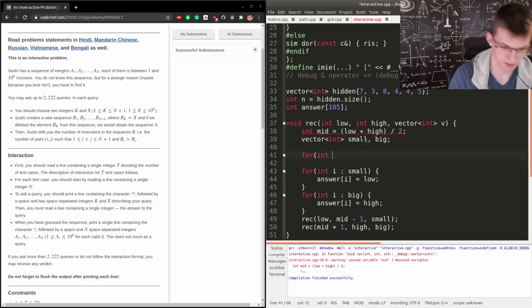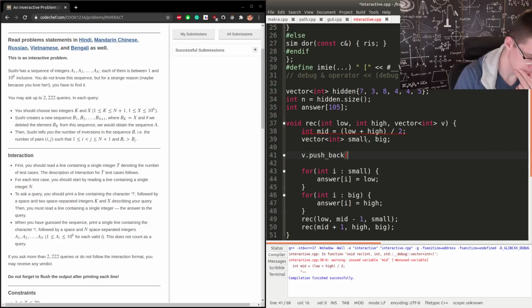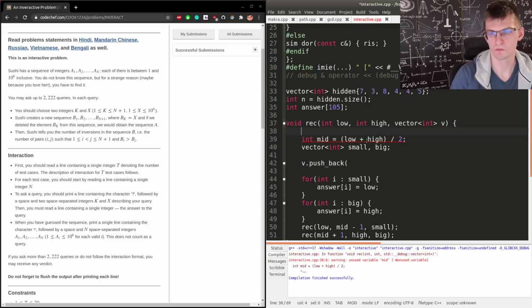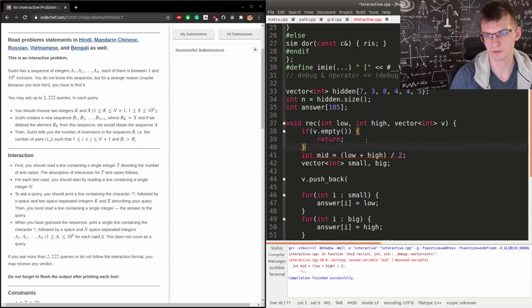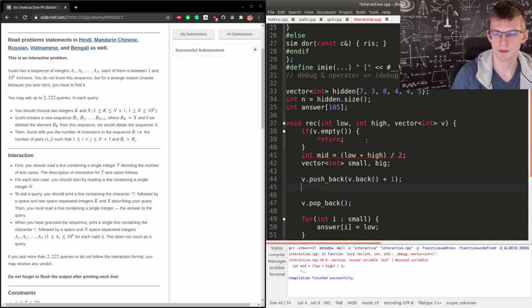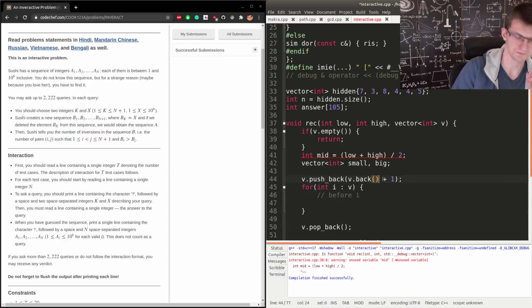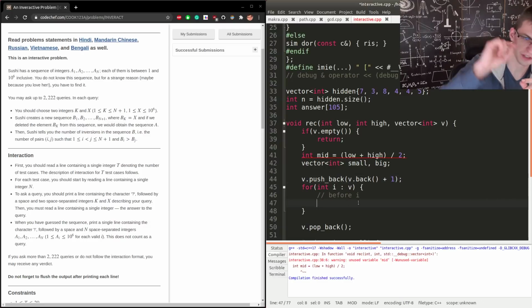For every index, and just after the last index, empty return. Now I can just say before every index, because I added the last plus 1, I try to put something there.